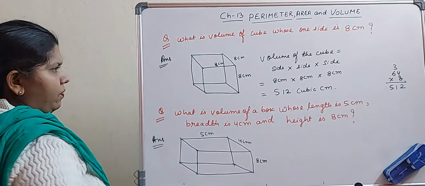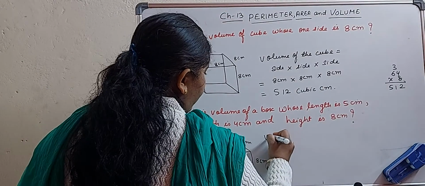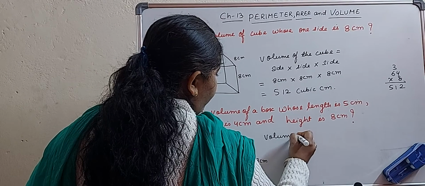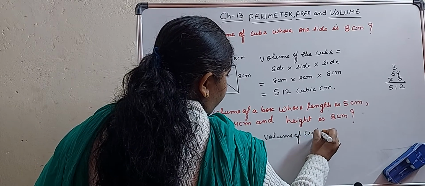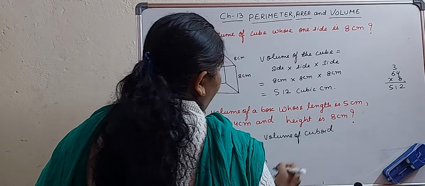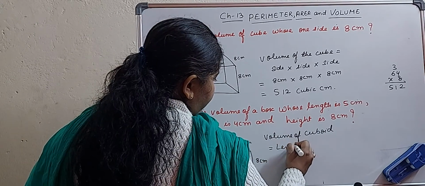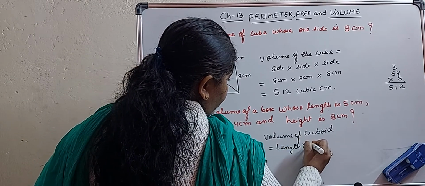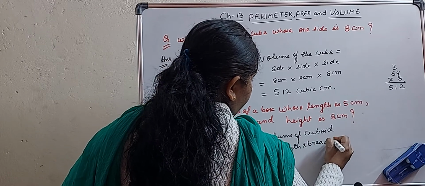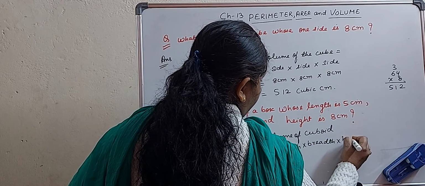Okay, so let us find. Write down the formula. Volume of cuboid equal to length into breadth into height.